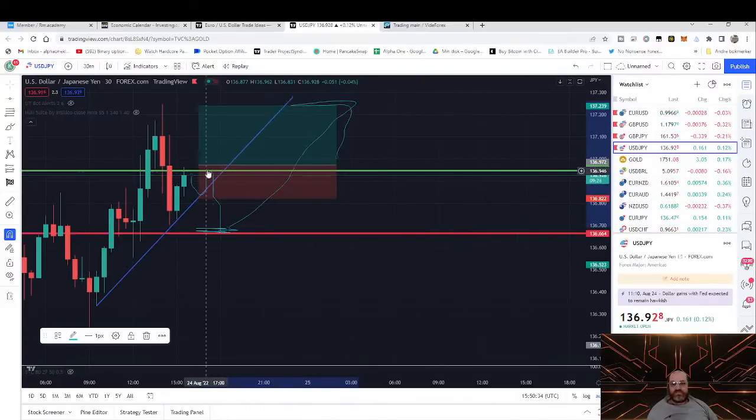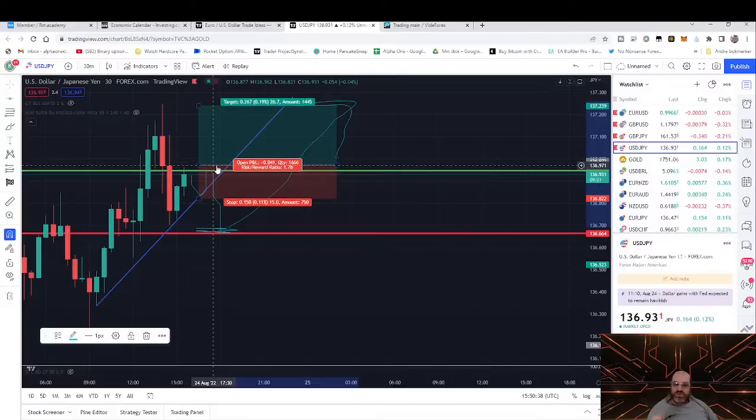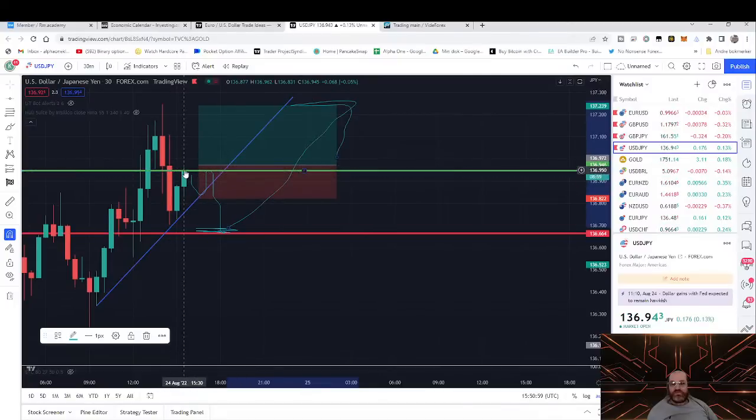But yes, this can be a teaching moment for yourself if you want to be trading after the session: follow the USD JPY, put your resistance zone at the same level you see on the screen here now, 136.945, and just wait to see if we close above it.